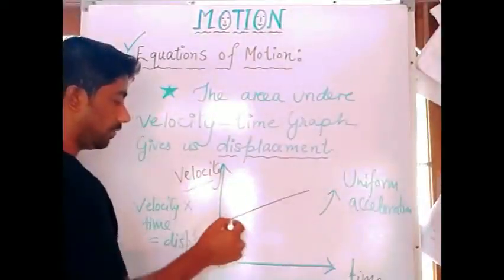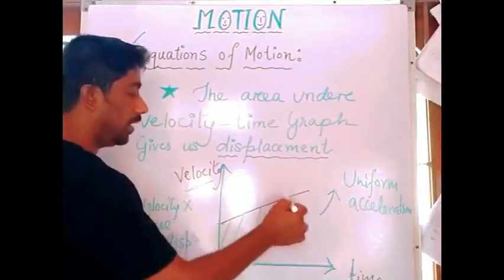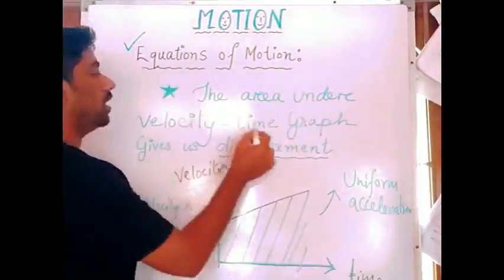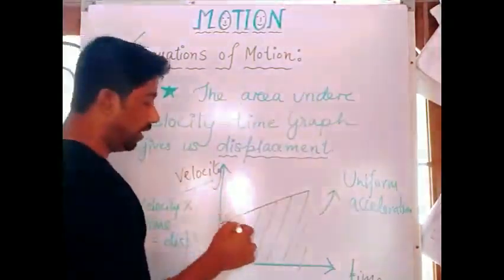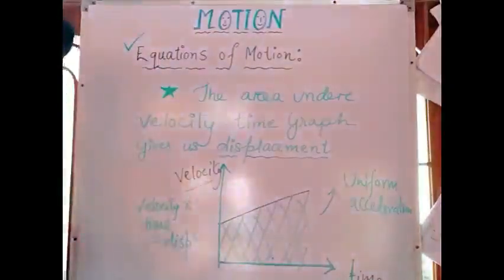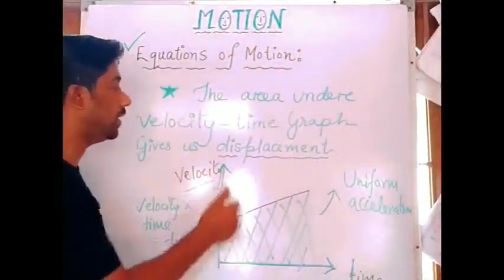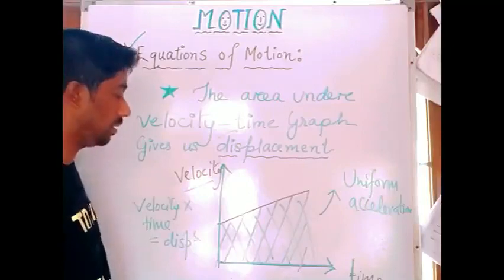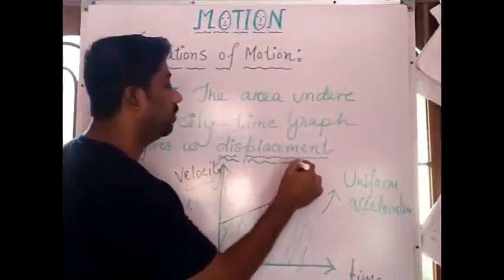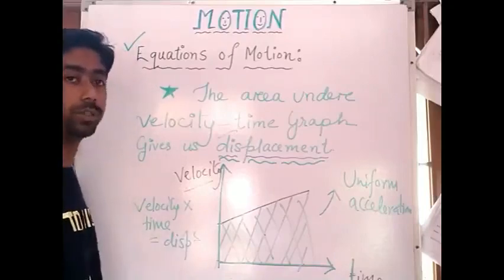The area under velocity time graph, that means this area, the magnitude of this area under this graph will represent displacement of the moving object. Using this idea, we can derive the three equations of motion.